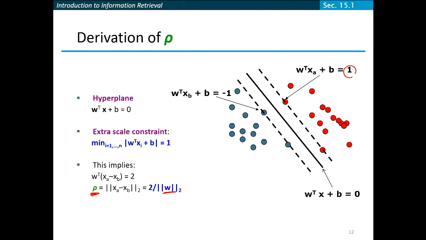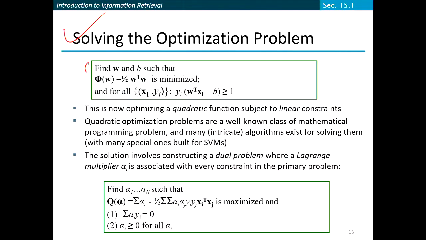But the problem is that W cannot be too small. If W is too small, all the red points will be closer to the middle line, and they will violate the constraint that the margin is greater than or equal to 1. So finally, you need to remember that this is the primal form.